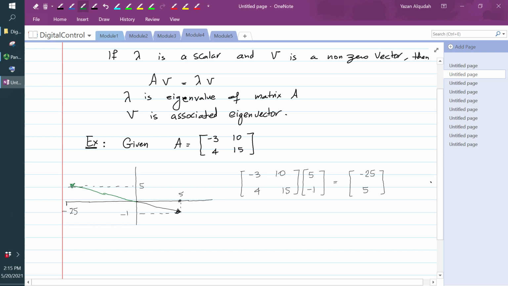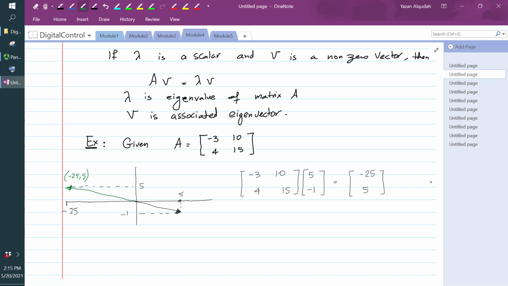And my plotting is not that accurate, but this is the vector that resulted from this transformation, negative 25 and 5. Now what I notice about this vector is that it is oriented along the stretch of the original vector.